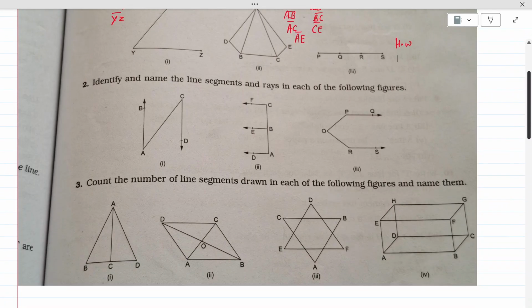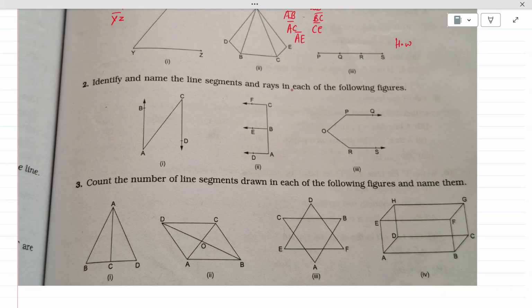Next, question number 2 is identify and name the line segments and rays in each of the following. So we have to pick the line segments and also the rays. Kids, what are rays? A ray has a fixed starting point but no ending point. It doesn't have any fixed end point. It can go to infinite length. So it just has a fixed starting point and infinite length.